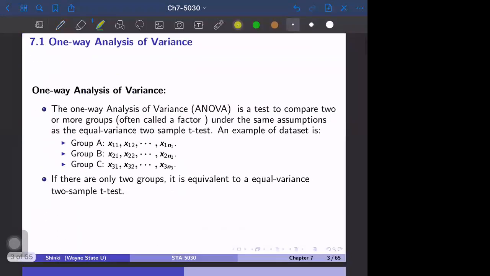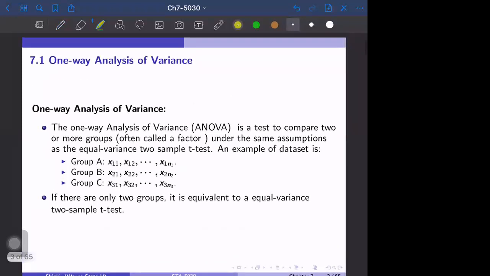So the first model is the one-way analysis of variance. The one-way analysis of variance is a test to compare two or more groups under the same assumptions as the equal variance two-sample t-test. In the two-sample t-test we have only two groups, but with ANOVA we can compare two or more groups.